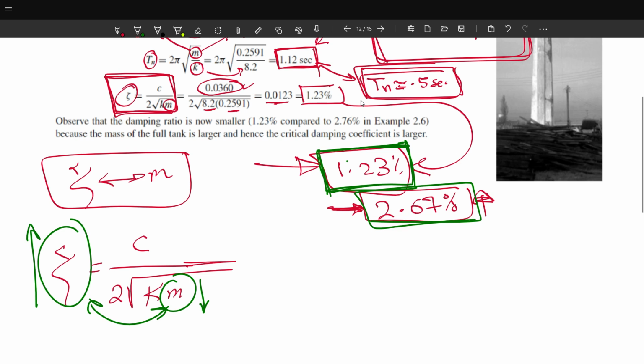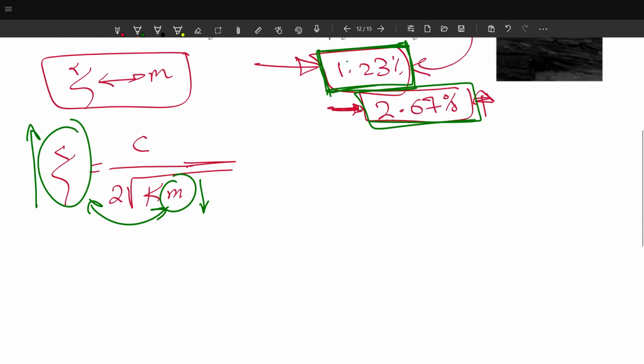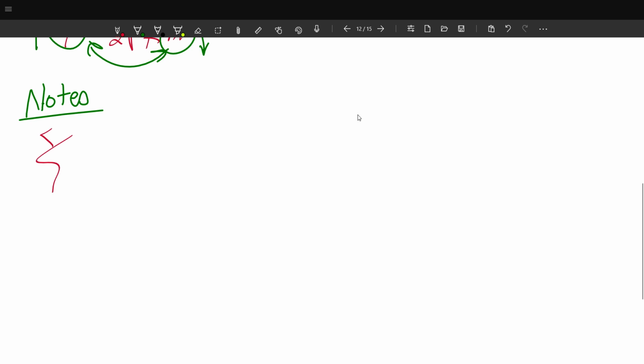So that's an important thing that I want to highlight here. We can put some notes here for you. Whenever the damping ratio is going down, this means that the mass is increasing, right?